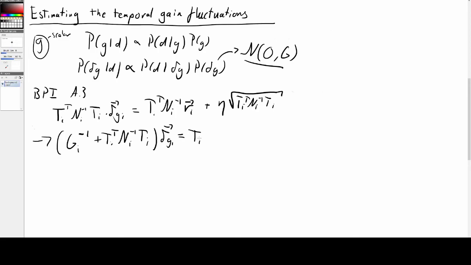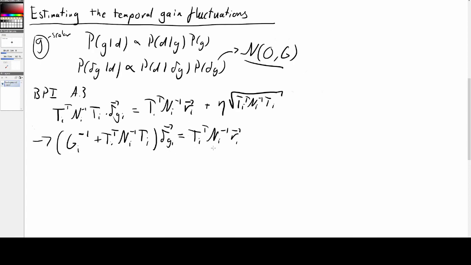This term remains the same. That doesn't mean that the mode will remain the same, because we basically have to multiply the whole equation by the inverse of this term to find the actual sample.